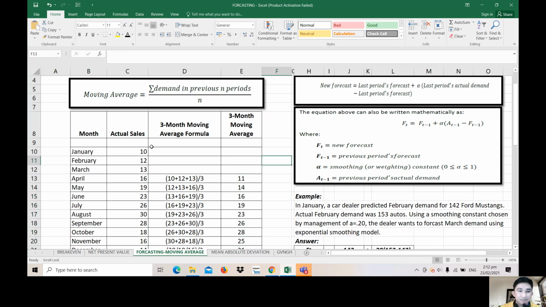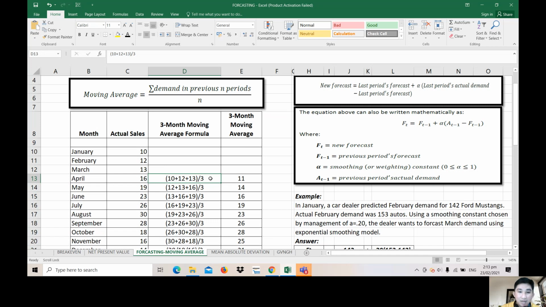Our actual sales in January is 10, in February is 12, and 13. So these 3 periods will be used on the next month's forecast. We divide by the number of periods we used as data. So for the actual sales, we add 10 plus 12 plus 13 divided by 3.